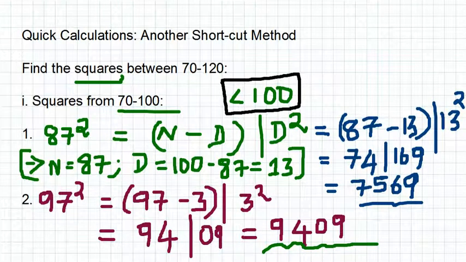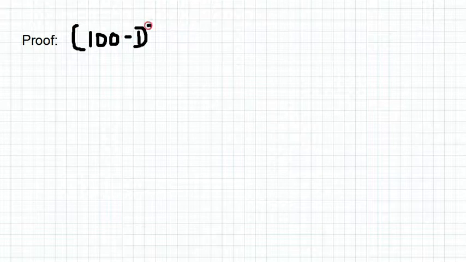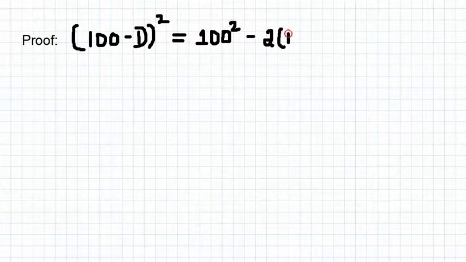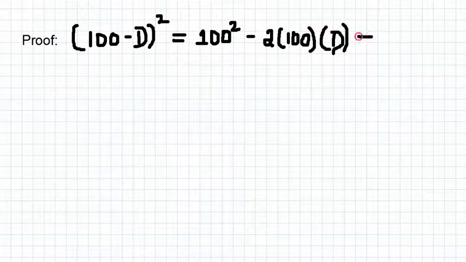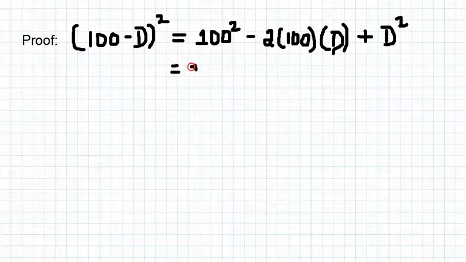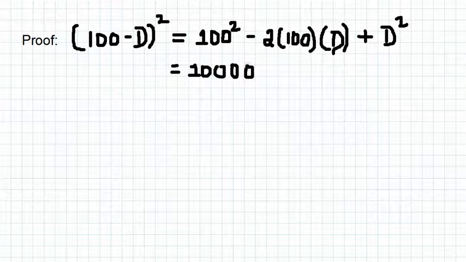Now let us see the proof behind this formula. It is nothing but 100 minus d the whole square. So a minus b the whole square is a square minus 2ab plus b square. Substitute the values.